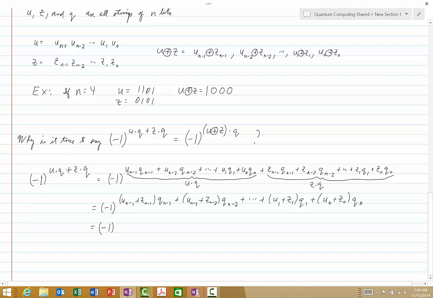Let's first make the observation that we could, at this point, write this in the following way. We have -1 to the (u_{n-1} + z_{n-1}) q_{n-1}, times -1 to the (u_{n-2} + z_{n-2}) q_{n-2}, times ... times -1 to the (u_1 + z_1) q_1, times -1 to the (u_0 + z_0) q_0.